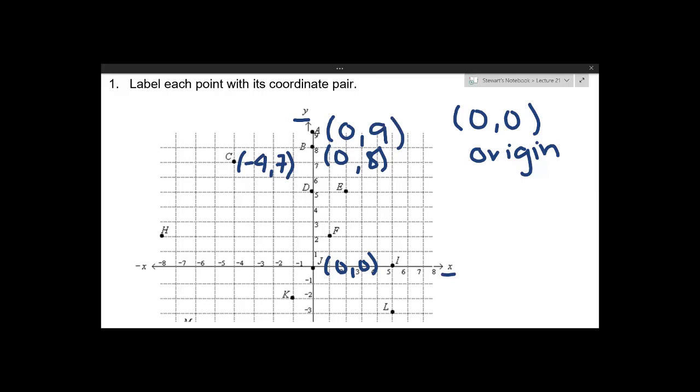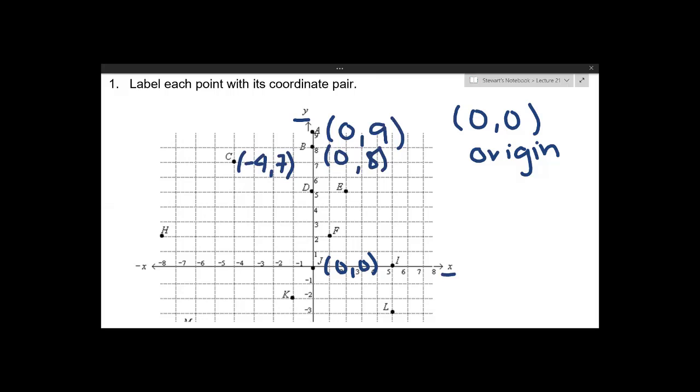It's standard on the Cartesian plane in general: if you're going to the right of the origin, you're adding, and it's positive. Whereas if you go to the left, you're subtracting, and if you go to the left of the origin, it's denoted as negative numbers. So that's important to note too.